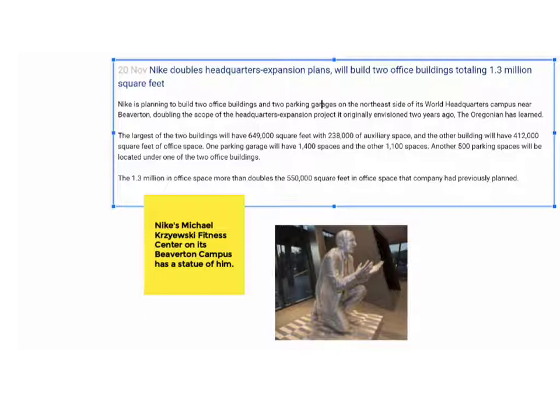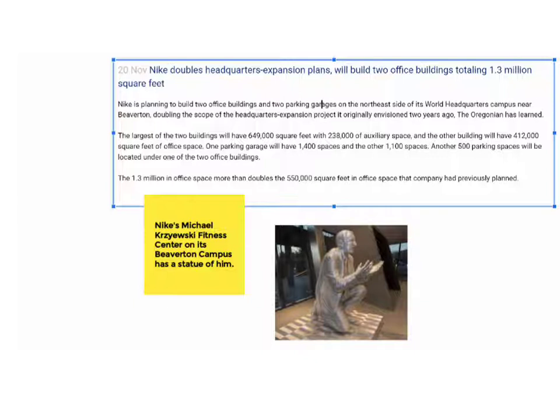Just an FYI, there's no need to write anything down here. Nike doubles its headquarters expansion plans. This was just announced this last week: Nike is going to enlarge two original building plans, and they will now total 1.3 million square feet. The largest of the buildings is 649,000 square feet, and there will be another 412,000 square foot building in addition to that.